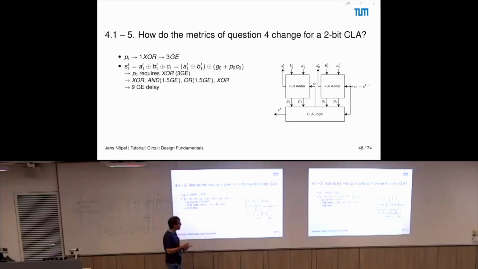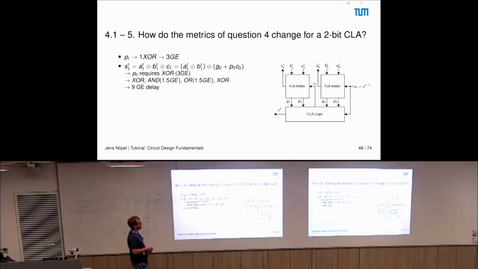And remember, how is C1 calculated? So C1 is this one, the one that is fed in here, and it definitely depends on whether we have a generate 0 here or a propagate 0 and a C0 in. So you can also depict this one here as A XOR B, XOR generate 0 or propagate 0 and C0.